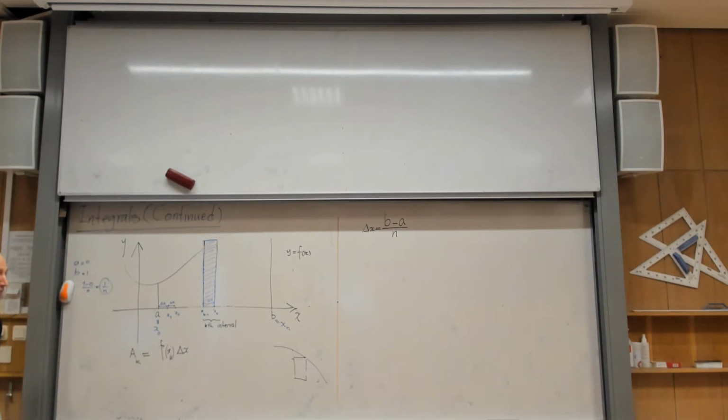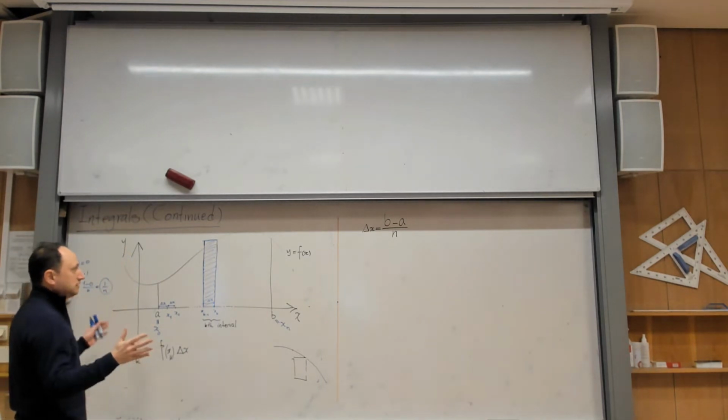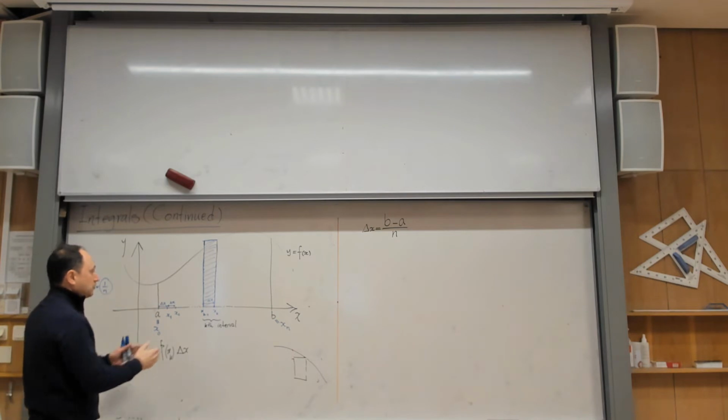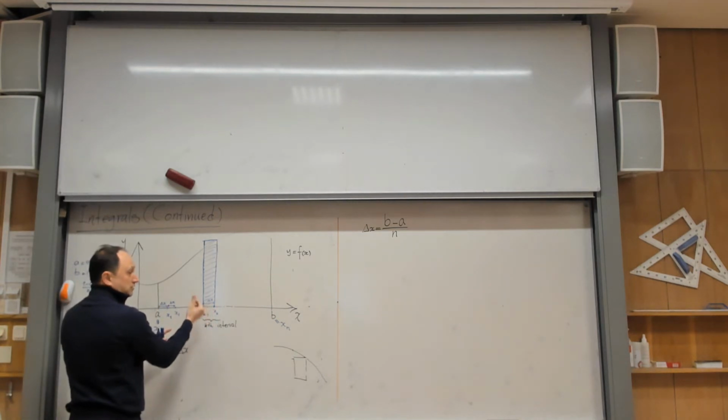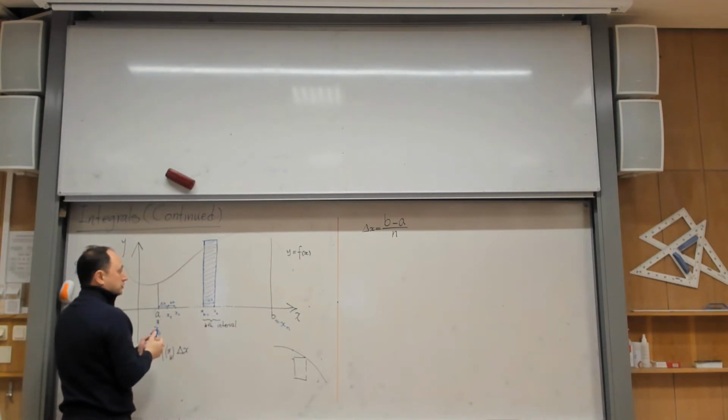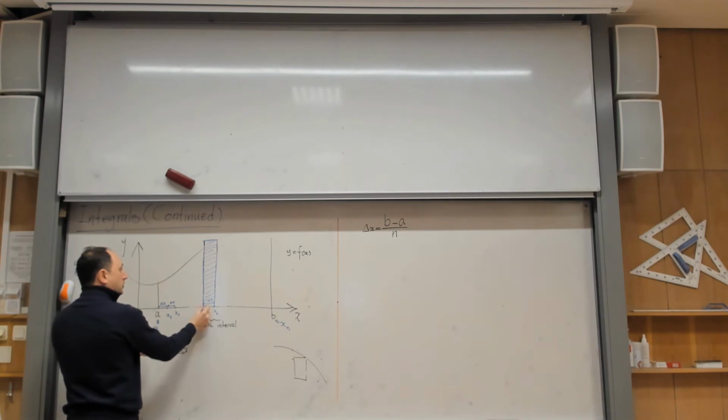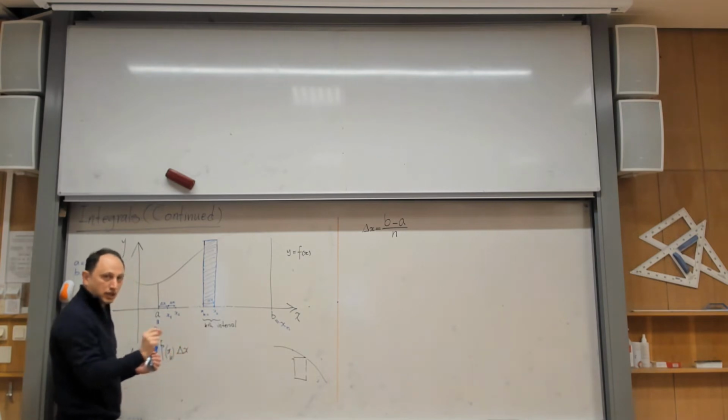Okay? But the lesson that we learned last time is that when I increase the number of rectangles, I will also demonstrate it using GeoGebra for you today, and you see that when I increase the number of rectangles, the errors that I am making are actually shrinking.